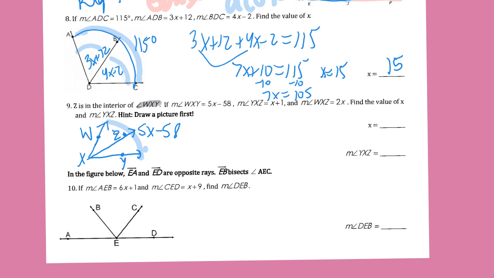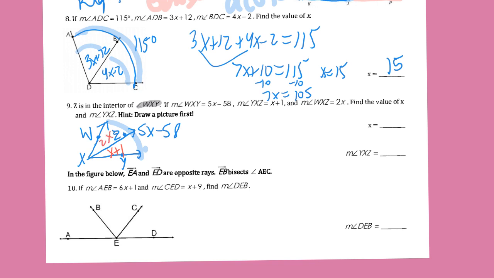So we've got the measure of angle YXZ. You've got to read it in order. YXZ is going to be down here, and it is x plus 1. And then also the measure of WXZ is 2x. So that's right here.